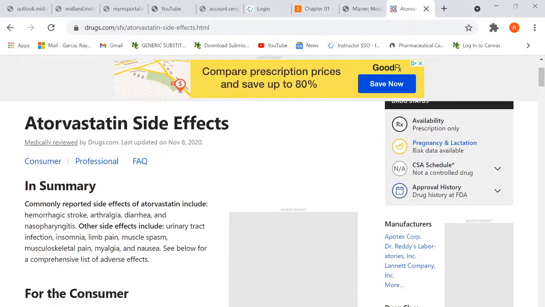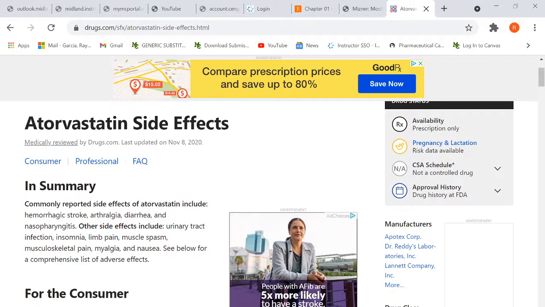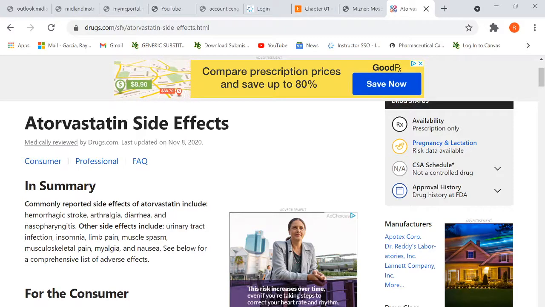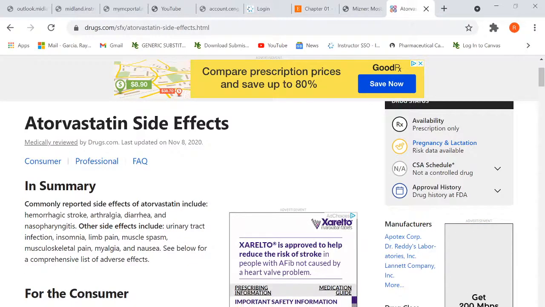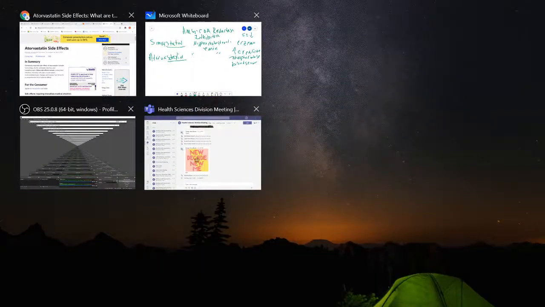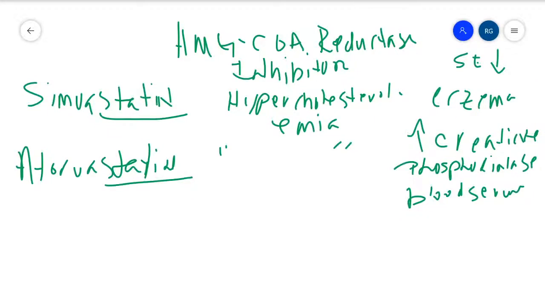Commonly reported side effects of atorvastatin, we got hemorrhagic stroke. That's no good. Hemorrhagic stroke, arthralgia, diarrhea, nasopharyngitis. Okay, so it's got a little bit different side effects. I'm going to put that in a different color. Hemorrhagic stroke, diarrhea.